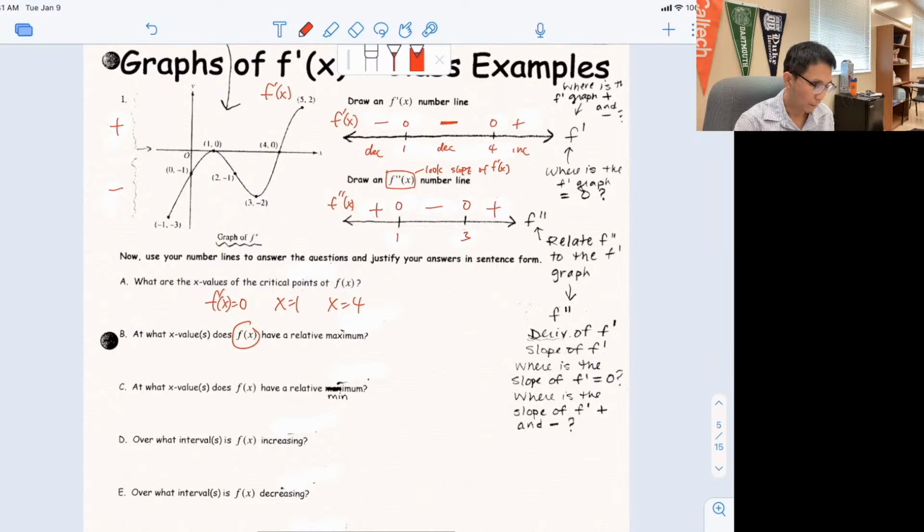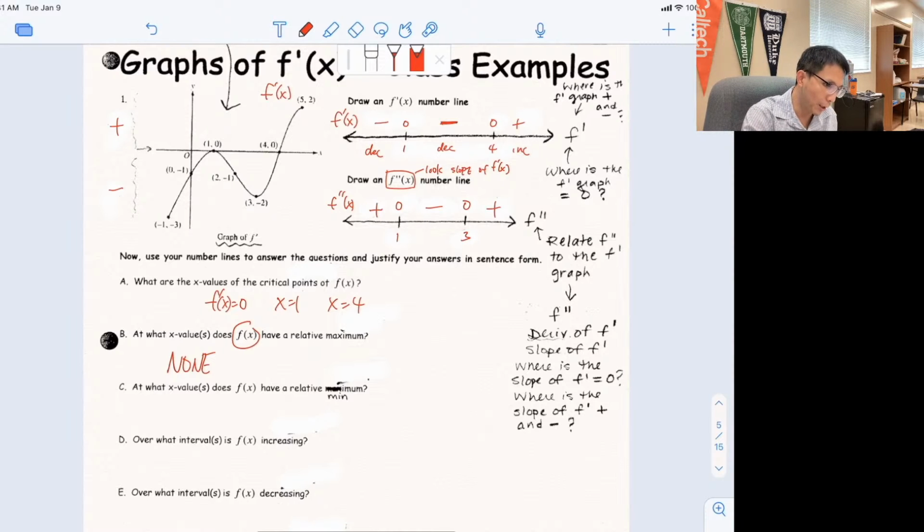No, it went from decreasing to decreasing at 4. Does it even have a relative maximum? No, it doesn't have one. If a function goes decreasing, then decreasing, and then increasing, does it have a maximum? No. There was none because there was no change from positive to negative.